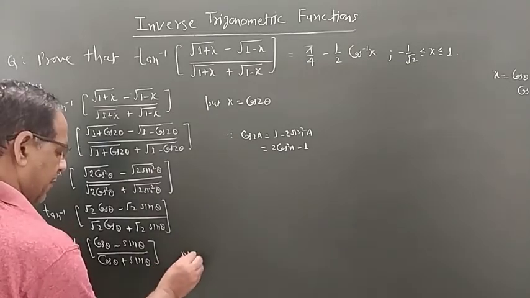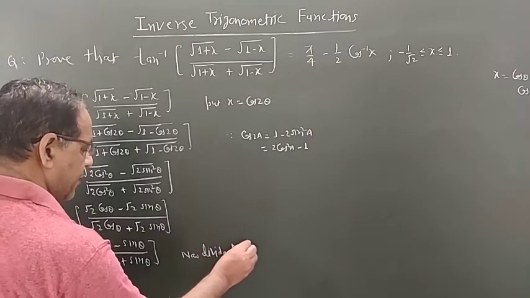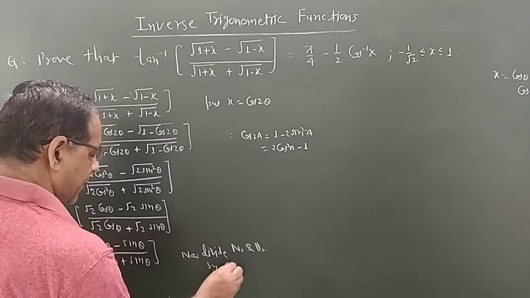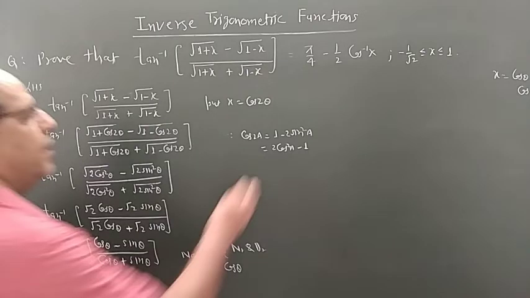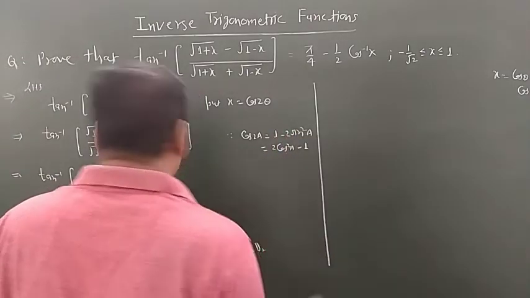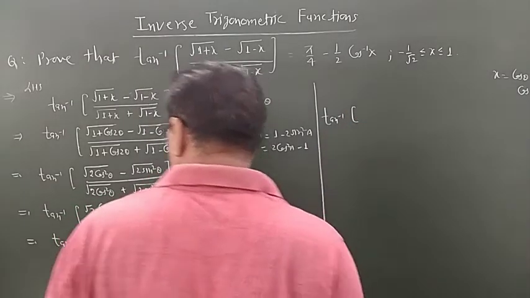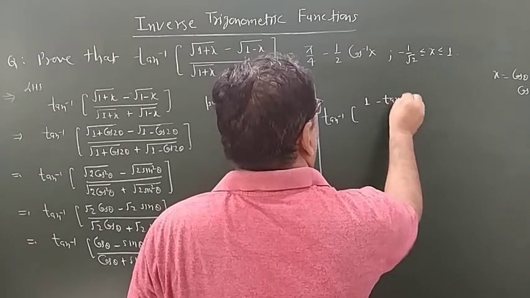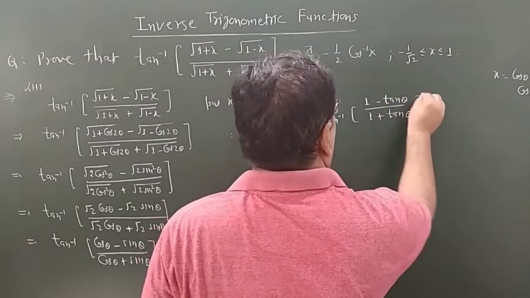Now divide numerator and denominator by cos theta. So we have now tan inverse of (1 minus tan theta) upon (1 plus tan theta).